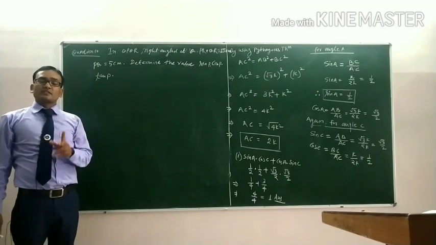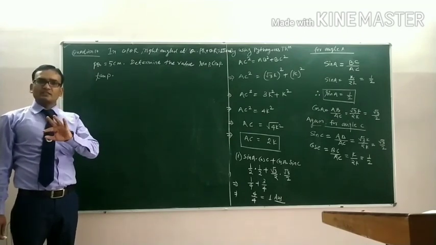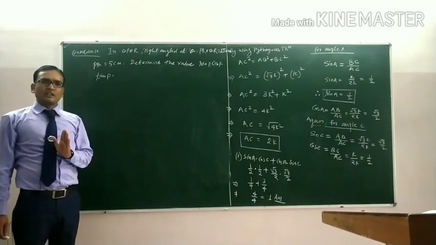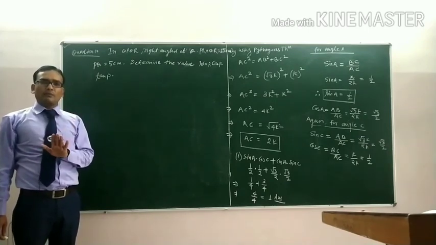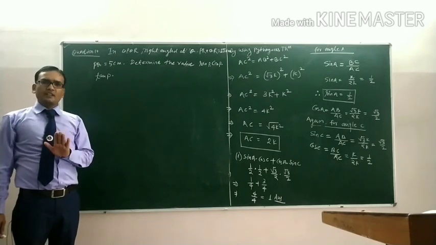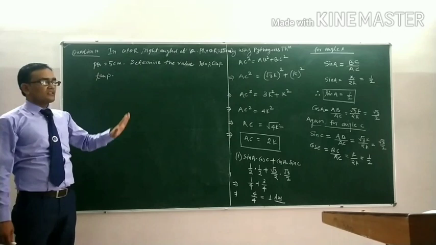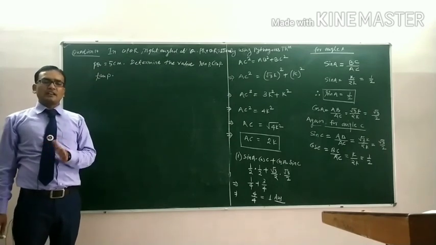That means the sum of two sides is given as 25 centimeters, and PQ is 5 centimeters. Then determine the value of sin P, cos P and tan P.